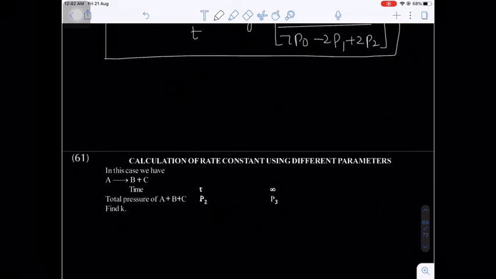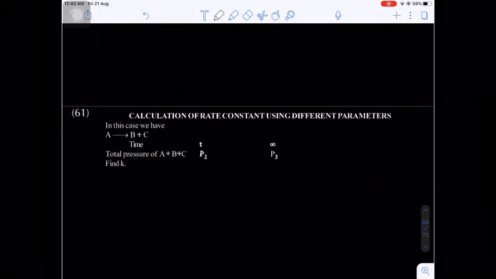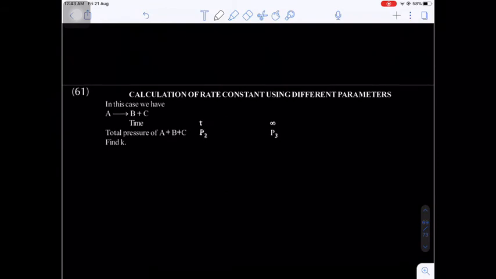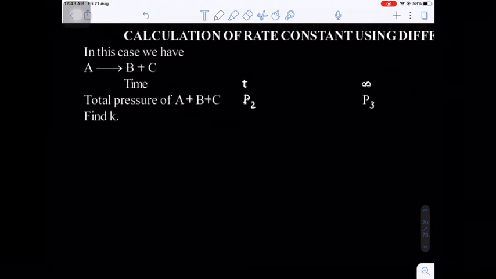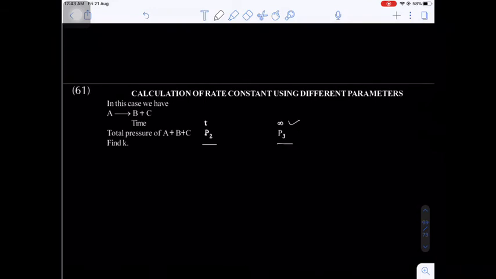Now come to question number 61. What is question number 61? Calculation of the rate constant using different parameters. Here the question is given: A gives B plus C. This is a gaseous phase reaction. The total pressure of A, B, C is P2 at time T and P3 at sufficient time, that is infinity time.